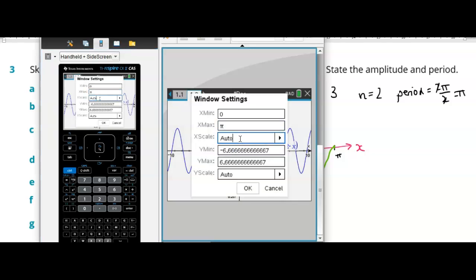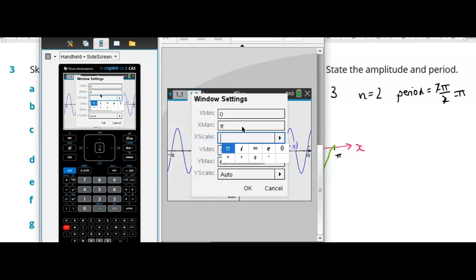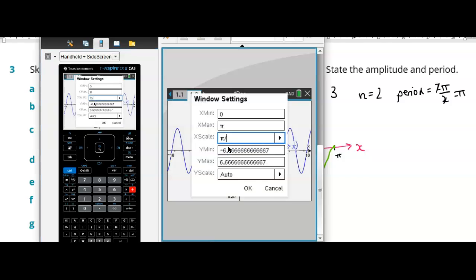Your scale, whatever your period is, divide it by 4, so pi on 4, because that comes up with the important parts. And your amplitude, now we were going from -3 to 3. I'm going to do -4 to 4 just so we can see it a bit easier. And we just want that to be 1.